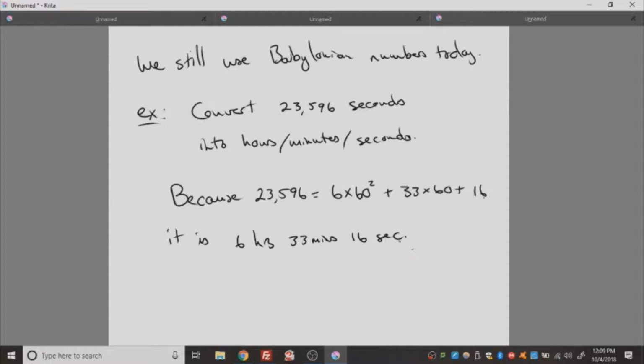Now, I'm not saying you convert a large amount of seconds into hours and minutes every day, but whenever you look at the time, it comes from the Babylonians. So it makes a little bit of sense to look at their system.